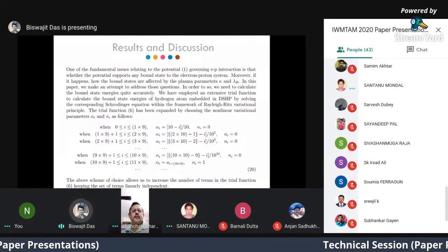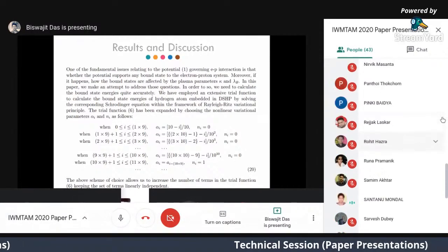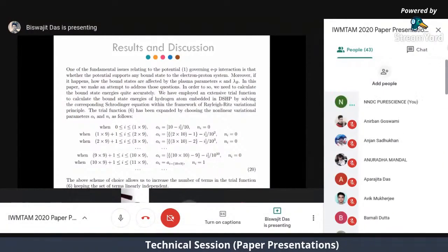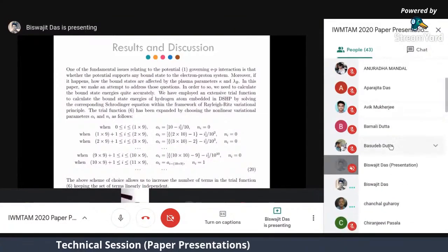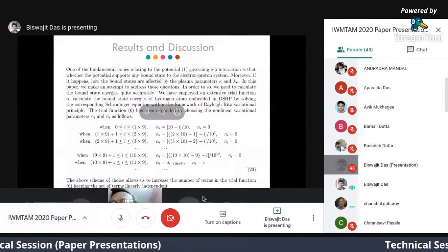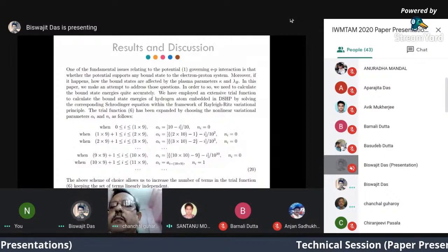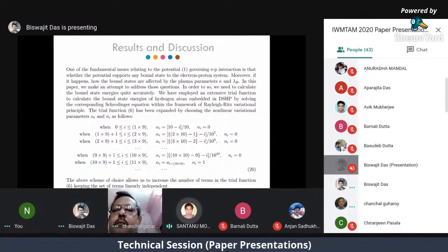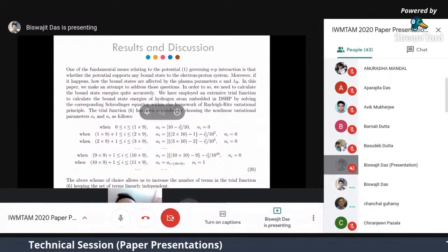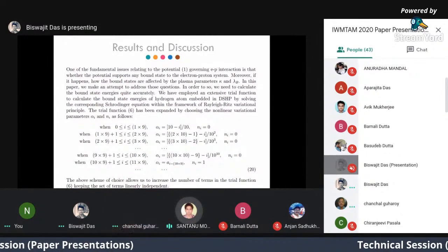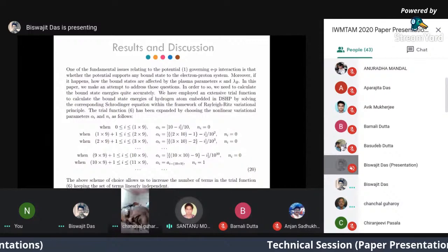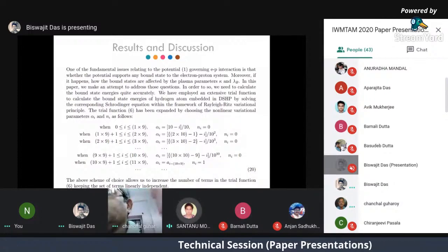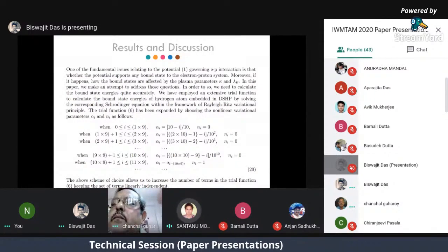And I have to check whether this basis is linearly independent or not. Okay, so I think you used some optimization program to choose that particular optimized nonlinear parameter, right?